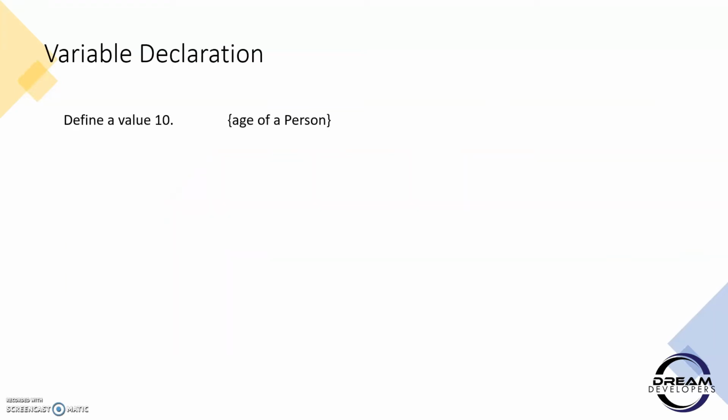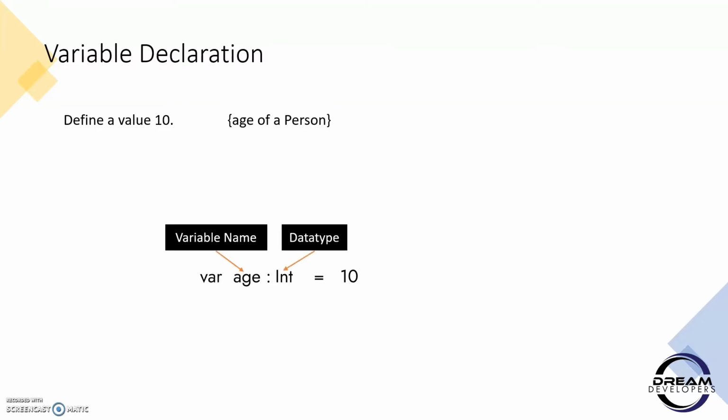For example, define a value 10, like the age of a person. To declare a variable, we can use the val or var keyword in Kotlin. So, var age: Int = 10. Here age is the variable name, Int is the data type and 10 is the value.